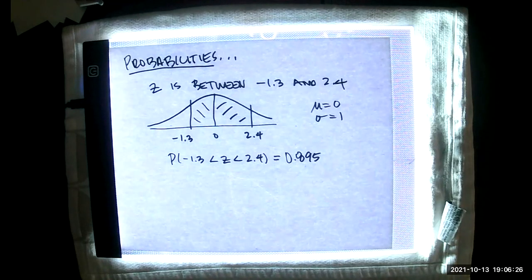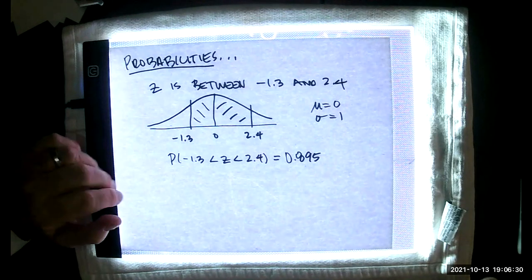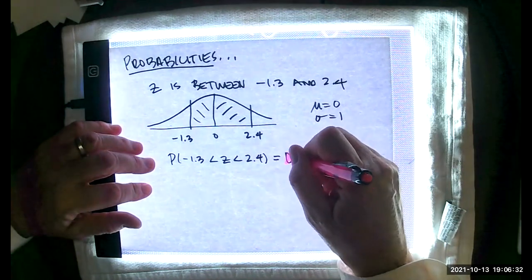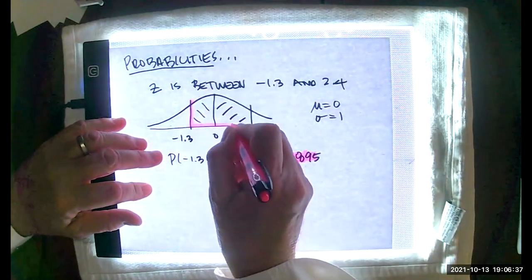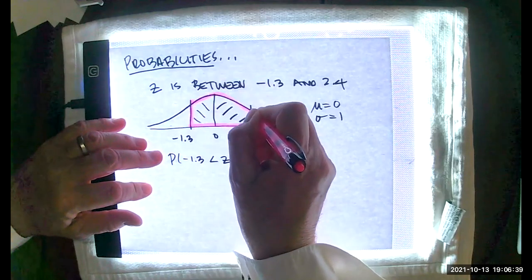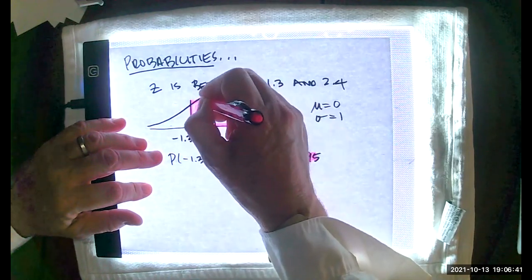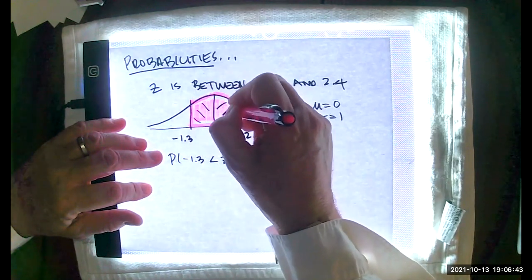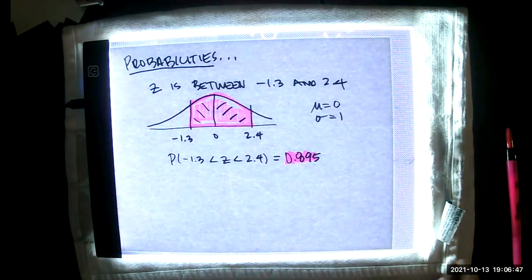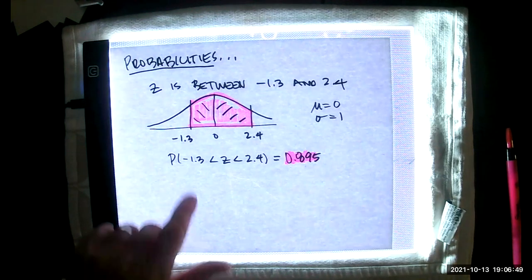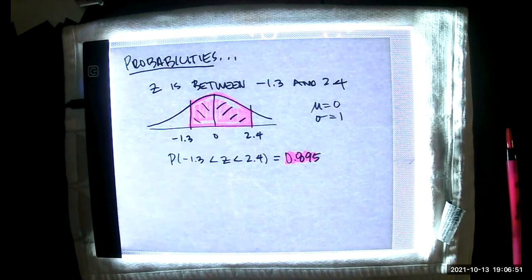So let me emphasize this. This probability of 0.895 is equivalent to this area here. Now, let's take a look at another couple of examples.